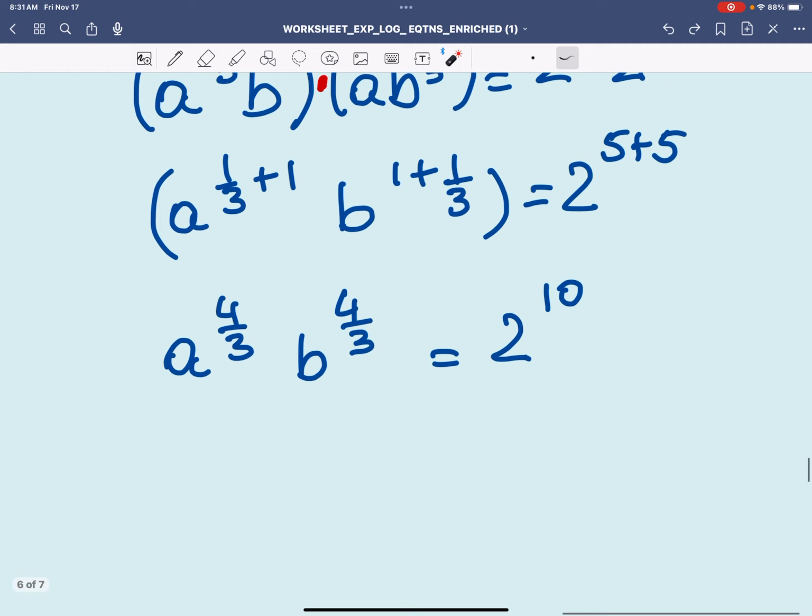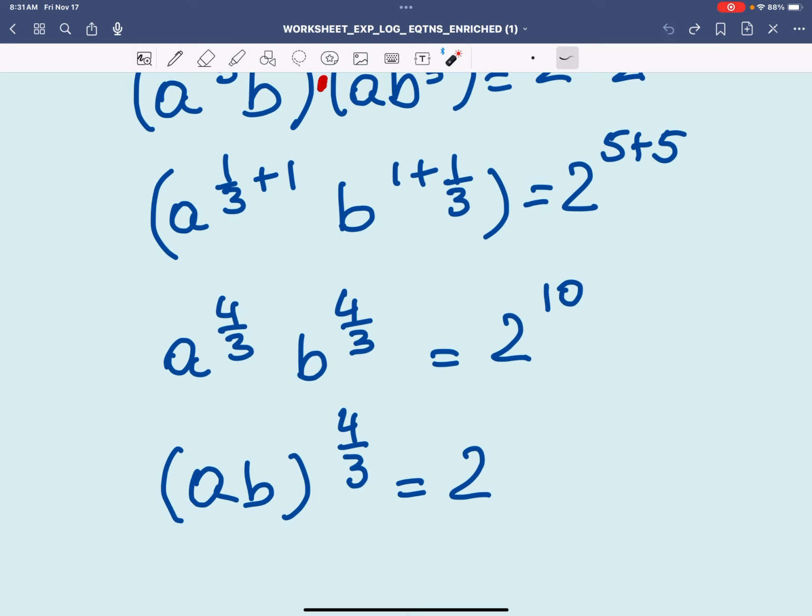You see that we have the same power applied to both unknowns, which means that the two unknowns can be brought together and leave the power out. If you were to expand again or apply the exponent again, you would get the exact same thing you had before. So we're going to do just that. a times b to the power 4 over 3 equals 2 to the power of 10.